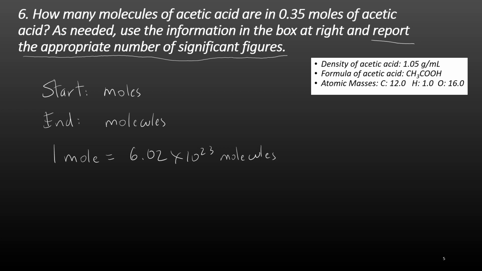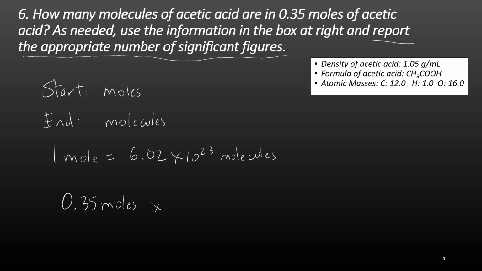Right? 6.02 times 10 to the 23rd particles. In this case, it's molecules because we're dealing with a mole of the molecule acetic acid. So we can set this up by saying we start with 0.35 moles.